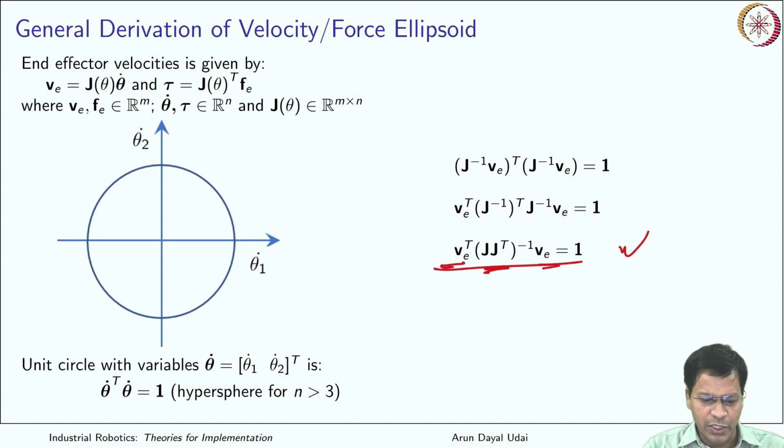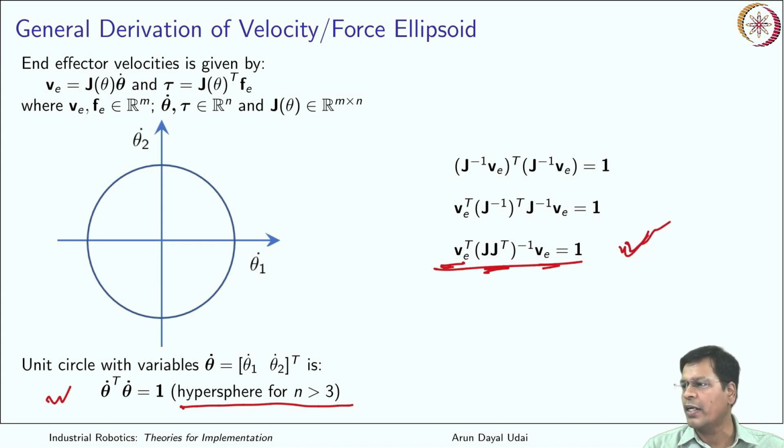But over here, if it is a 2 degree of freedom planar robot, it tells you a circle. If it is a 3 degree of freedom robot, it gives you a sphere. For a higher degree of freedom robot, it gives you a hypersphere for n greater than 3. And similar is the case over here.